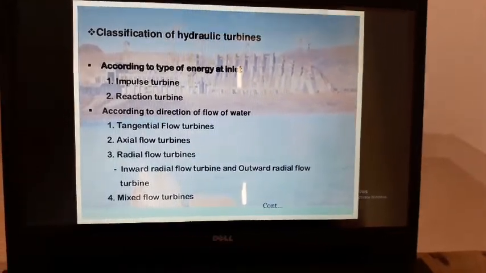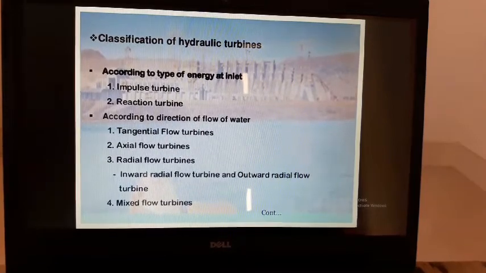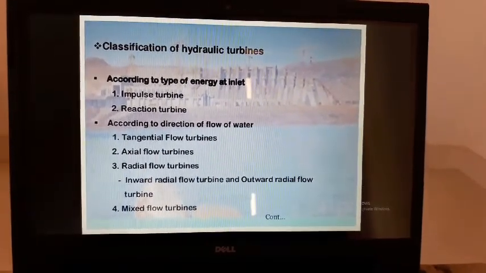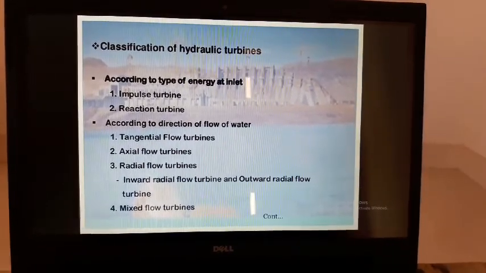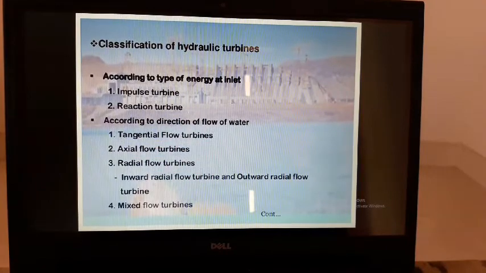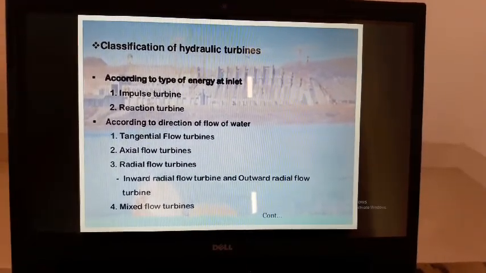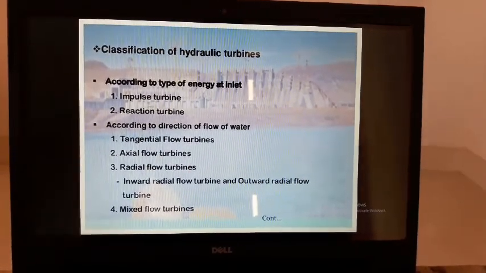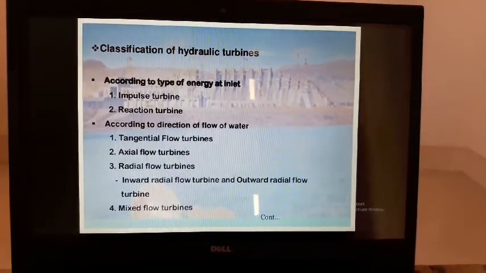Now we will discuss the classification of turbines. There are various methods or techniques to classify the turbines. We can classify the turbine according to the type of energy available at the inlet. Accordingly, it is classified as impulse turbine and reaction turbine. The second classification is according to the direction of flow of water.